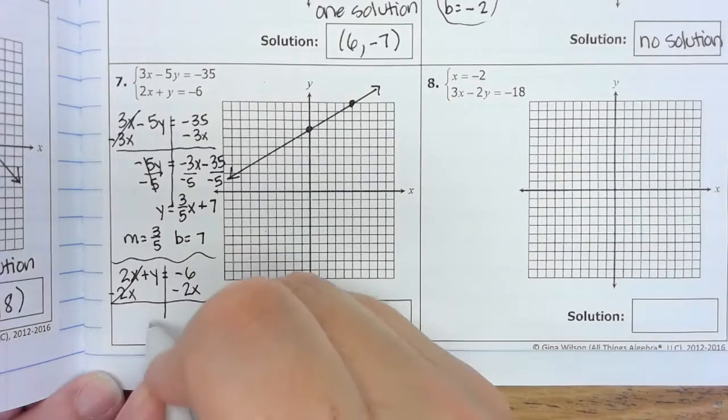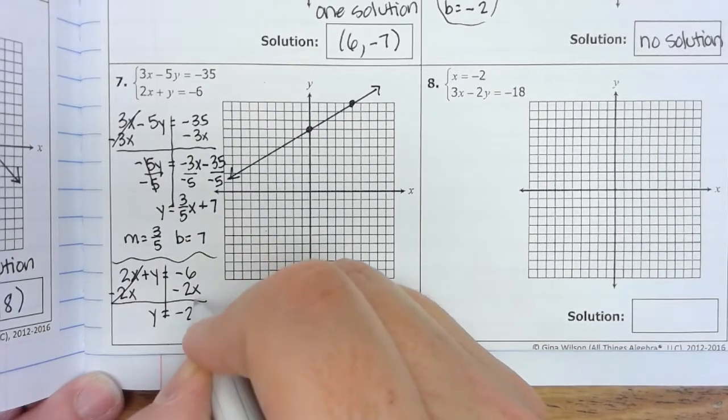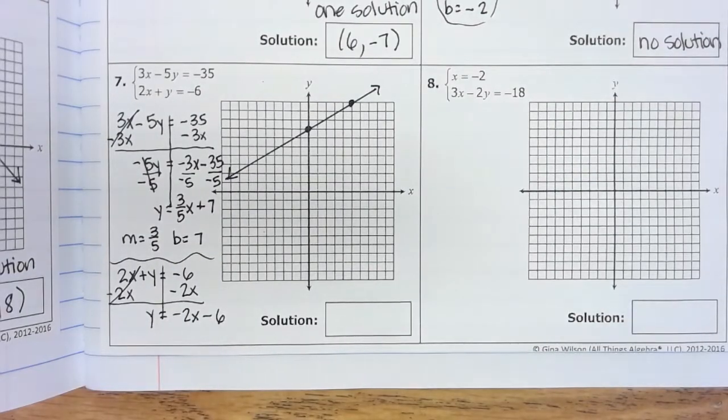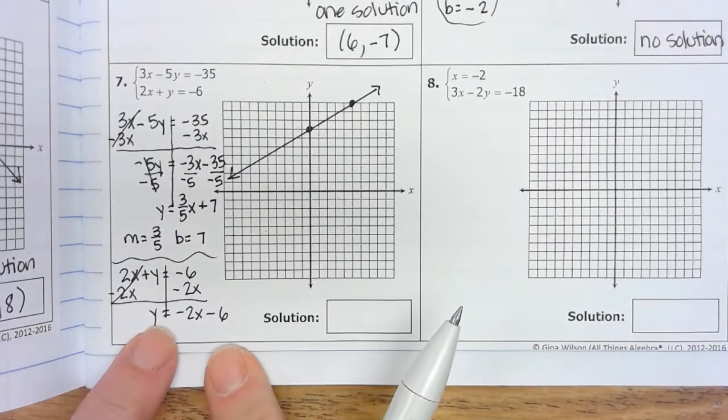We'll bring down the y, and this is going to be negative 2x minus 6. And we already have y equals, so we don't have to do anything else.